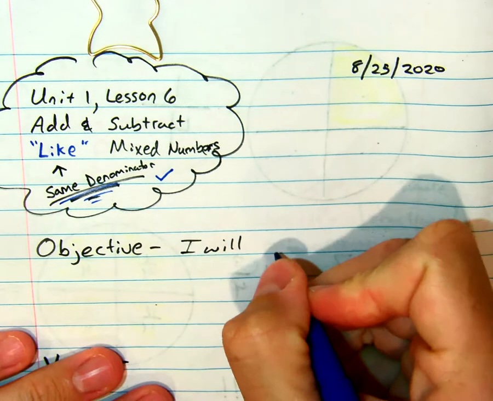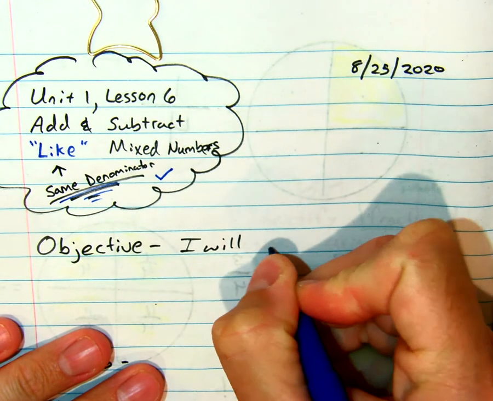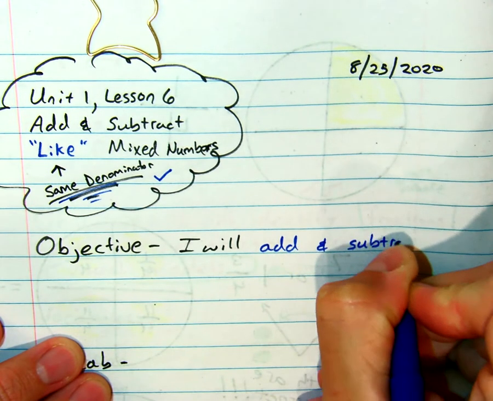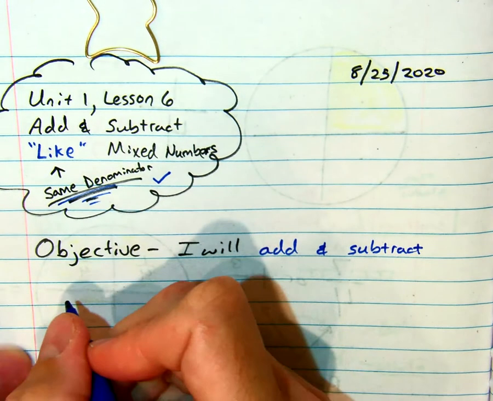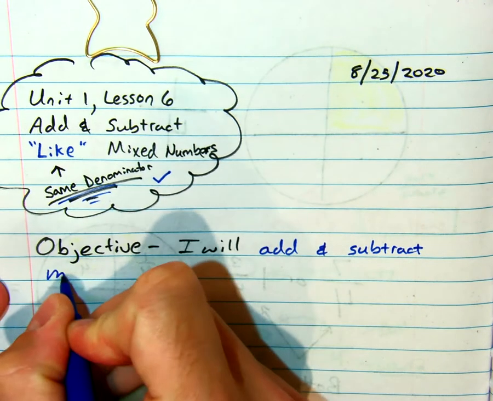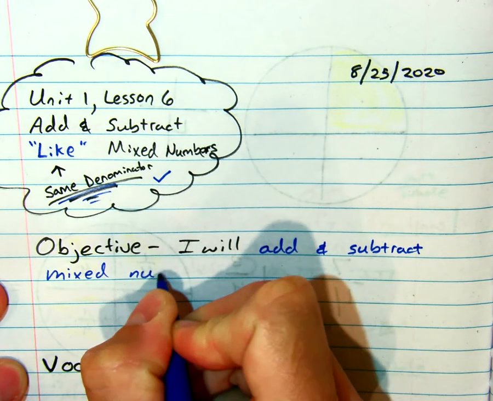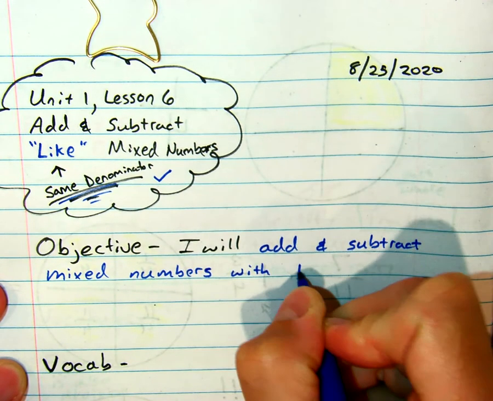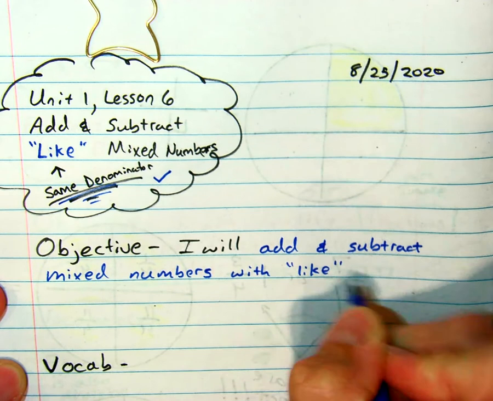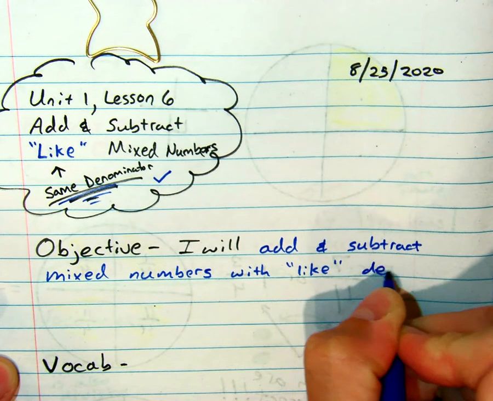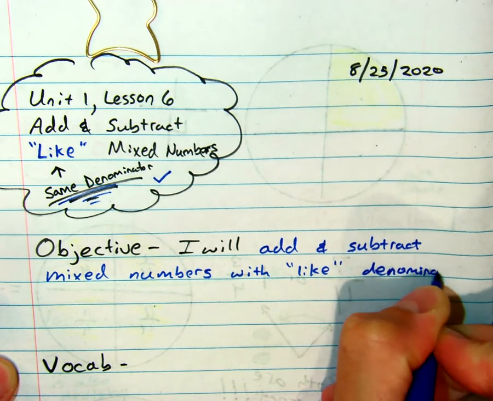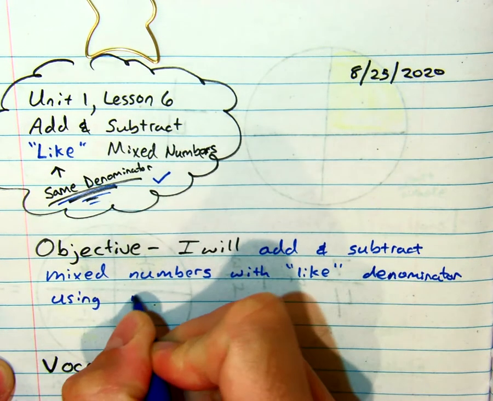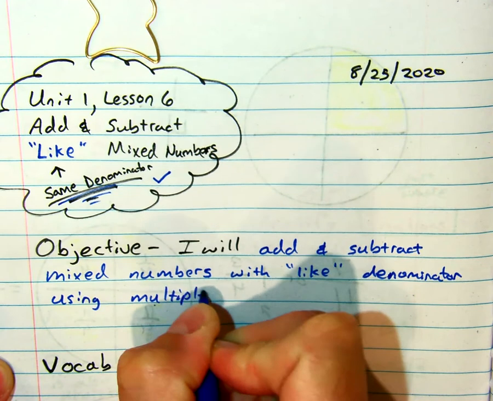I will add and subtract mixed numbers with like denominators using multiple methods.